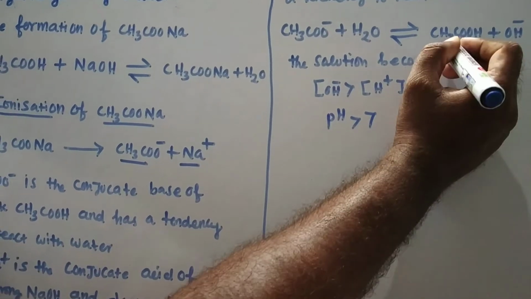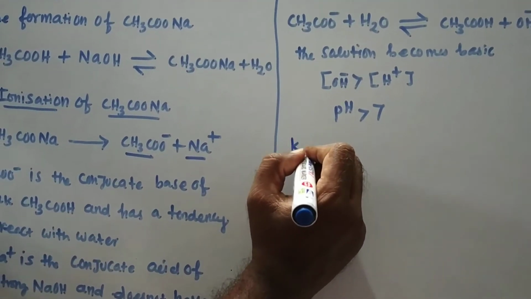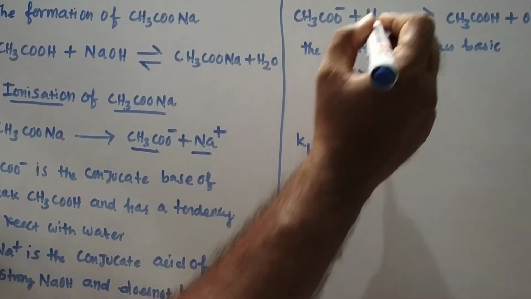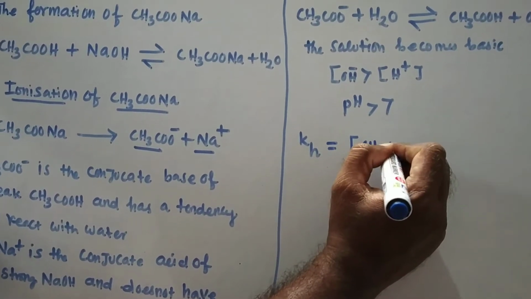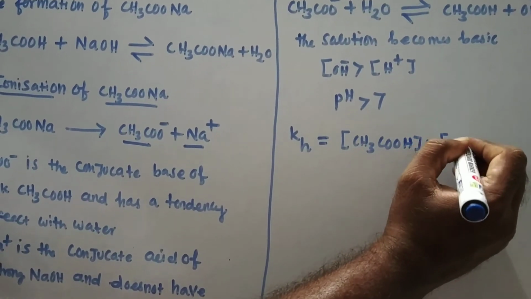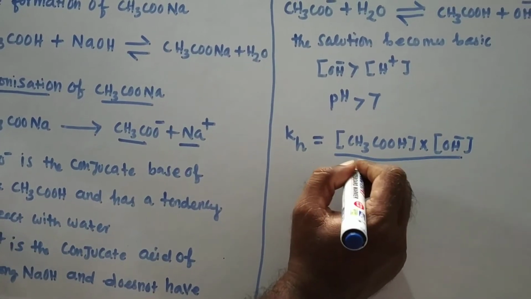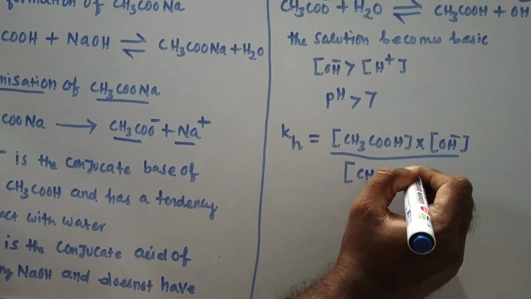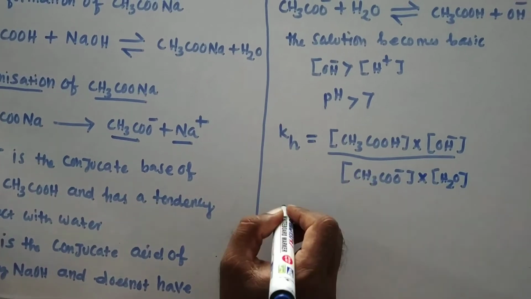Now I am going to write the hydrolysis constant Kh for this reaction. It is equal to the concentration of CH3COOH into concentration of OH minus, by concentration of the acetate ion into concentration of the water.